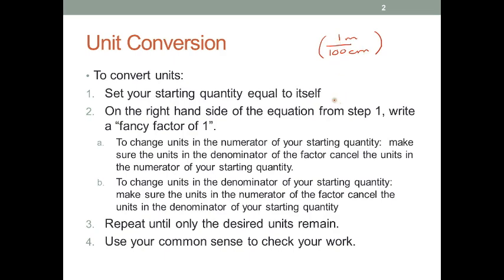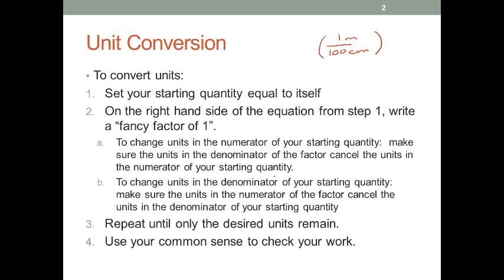To change the units in the numerator of my starting quantity, I need to make sure the units in the denominator of my factor will cancel the units in the numerator. If I want to change the units of the denominator, then I put the units in the numerator of my fancy factor of 1 to cancel the units of the denominator of my starting quantity.